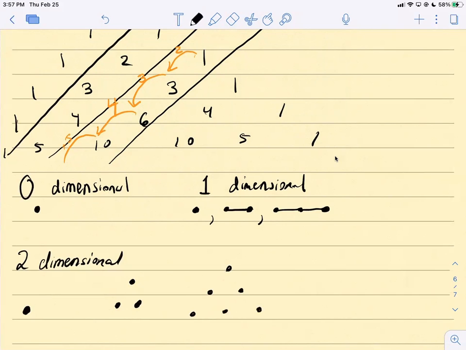So we get 1, 3, 6, and then we do it one more time, 1, 2, 3, 4. So these are called, like Colette said, the triangular numbers.